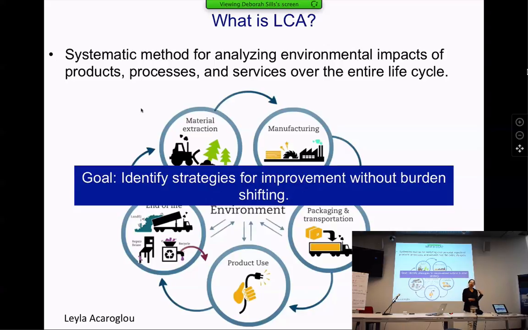And so then I decide, oh, I'm going to replace my fossil gasoline or petrol with corn ethanol. But the corn ethanol in the Midwestern United States requires a lot of pesticides and fertilizer, and this winds up polluting the Chesapeake Bay, which is a very sensitive watershed, so then I shift the burden from the greenhouse gas emissions to nutrient pollution. And we don't want to do that. So we want to improve without shifting the burden.